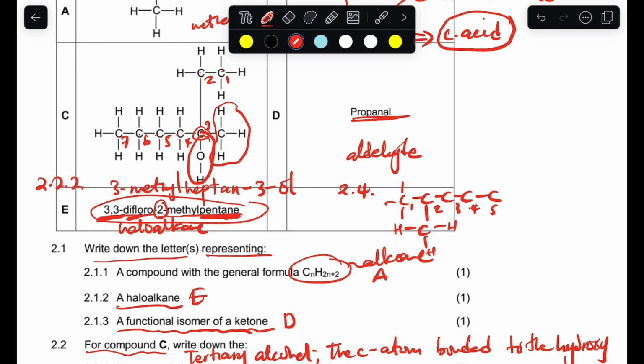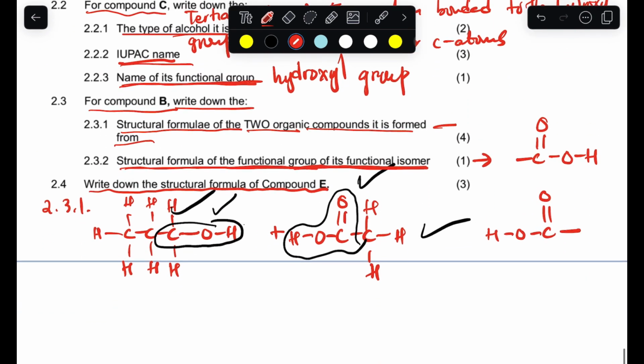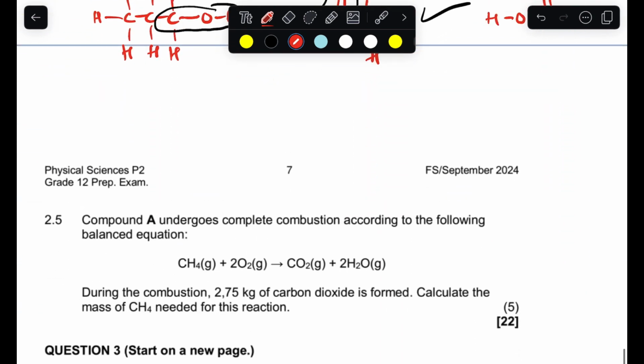That means we have 2 fluorine in carbon 3. So we have fluoro there, and we have another fluoro there. I'm sorry for the space there, guys. We have another fluoro in carbon 3. This is carbon 1, 2, 3, right? And that's it. And then you show your hydrogens there. I'm not going to do all of them.